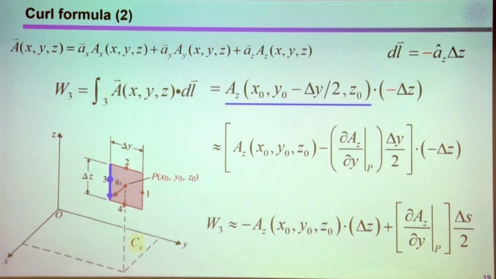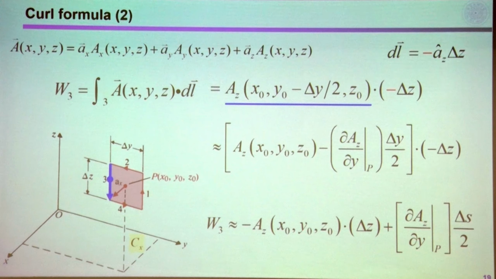So W1 plus W3 have this term cancelled out, but essentially you have a non-zero term. That tells you that when you add the contributions of the works done over segment number 1 and 3, you do have potentially a non-zero result.